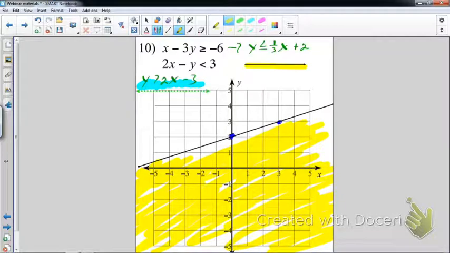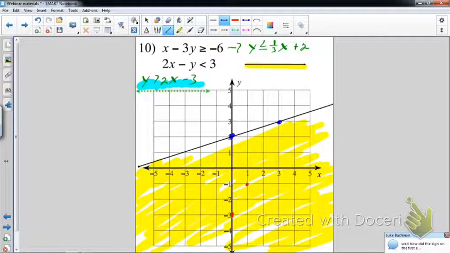Okay, so now I'm going to do the second line. The second line begins at negative 3, which is going to be down here, and it has a slope of 2, so go up 2 and then over 1. This one though is going to be a dotted line. So I'm going to go ahead and pass it through here.